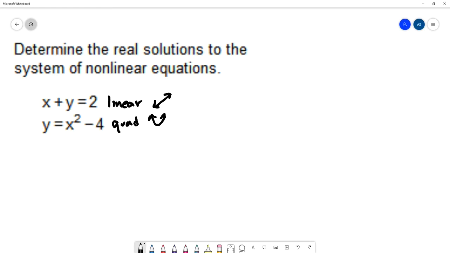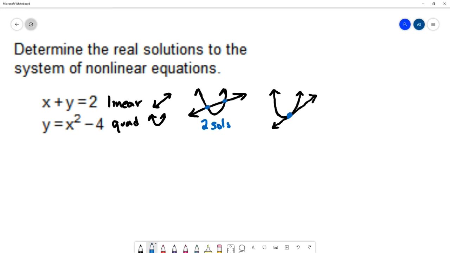So if I were to draw a parabola and a line in the same coordinate plane, if they were right on top of each other, we might get two intersection points, and that would mean two solutions for the system. However, if they were a little bit further apart, you could have the line being tangent to the curve, meaning that the line only touches that parabola in one point.